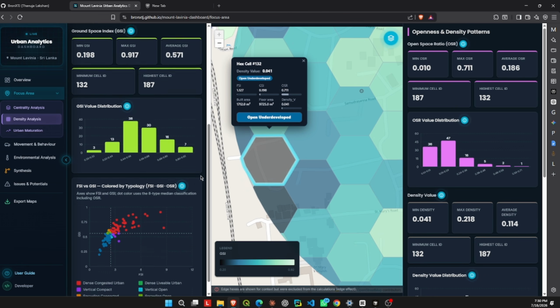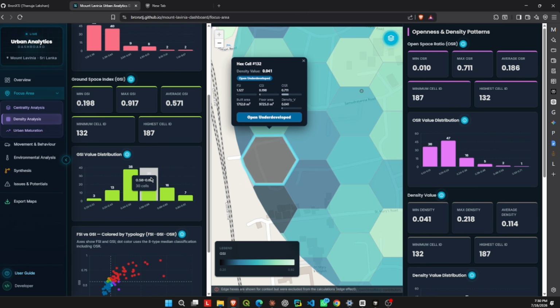The GSI value distribution shows how GSI values are distributed across the hex cells, the same way as the FSI histogram.